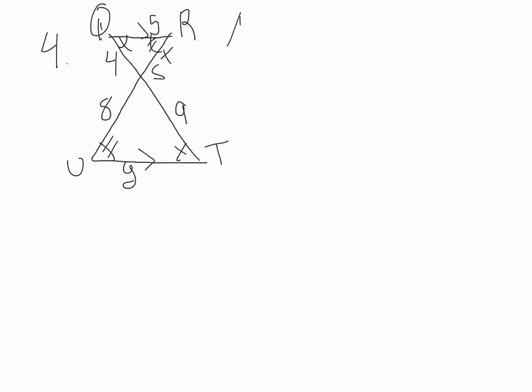I'll start with my smaller triangle, QRS. Going from Q to R to S, I start with angle T, because Q and T are congruent, so I go from T to U to S.